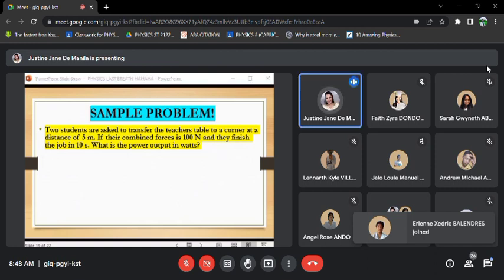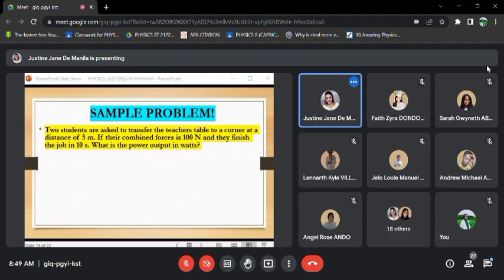So, we already know that the formula for power equals work over time. So, remember that the unit for work is joules. But when you look at the problem, class, is there a value in joules here?